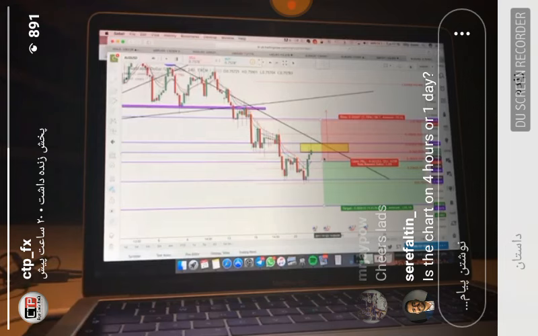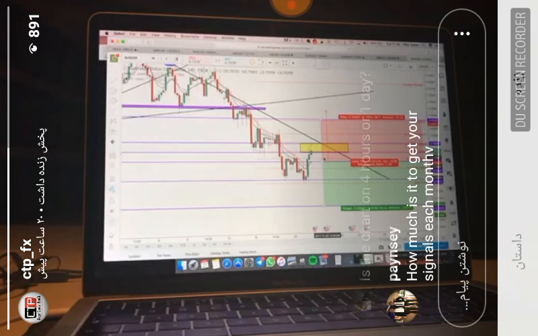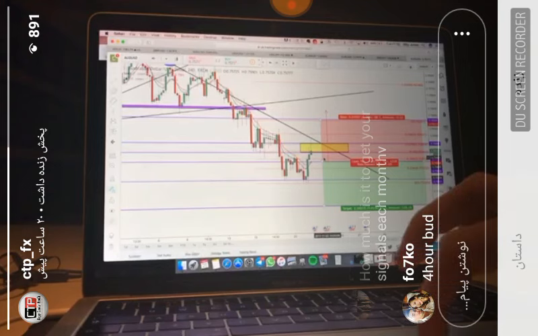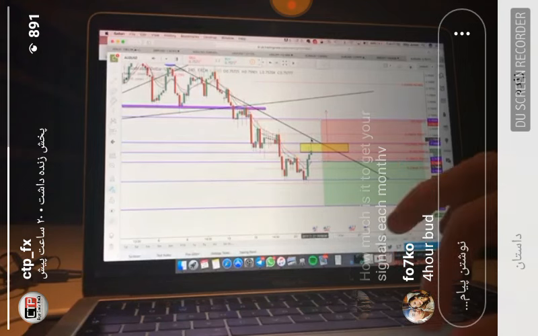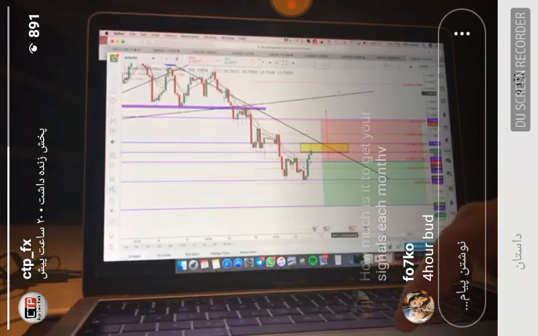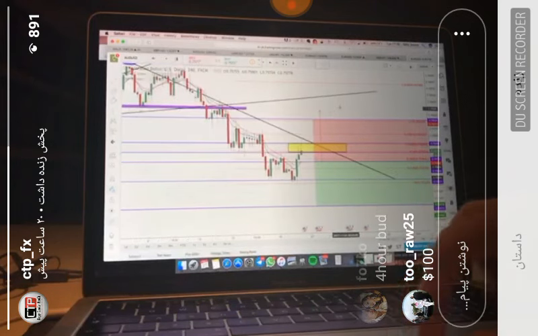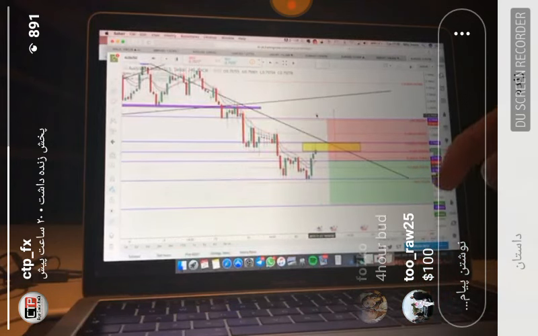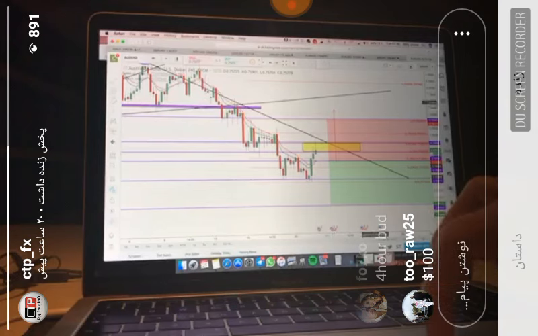The amount of confluences on this one to make it valid for a sell trade are just overwhelming, and I will be very surprised if it did manage to break above this trend line and continue to the upside. There's not much more news expected for Australia but there is a bit of news later today in the US, so I'm maybe waiting until that news has been released to see where we're headed after that.